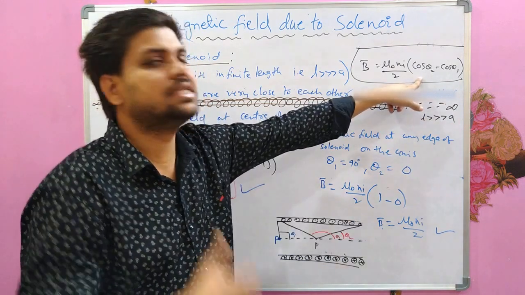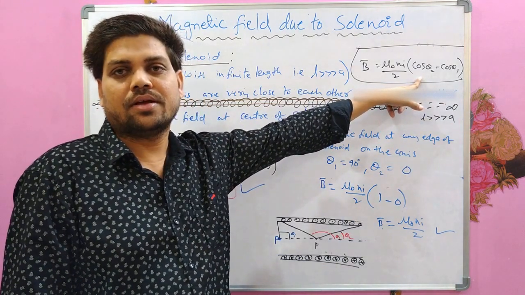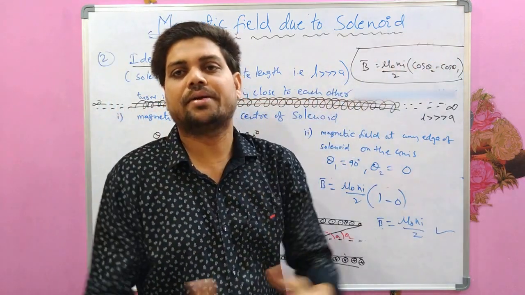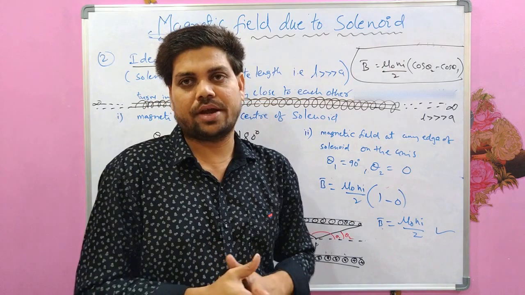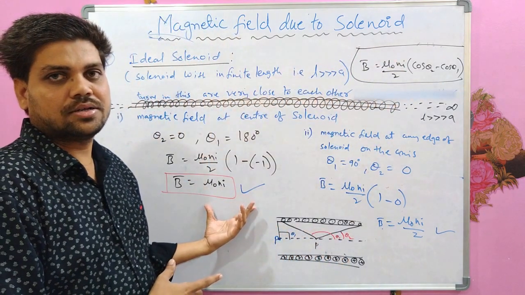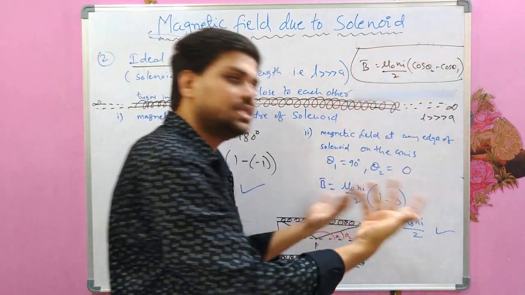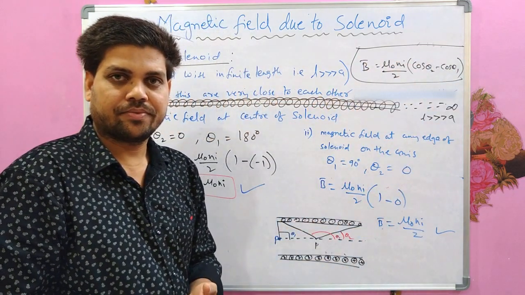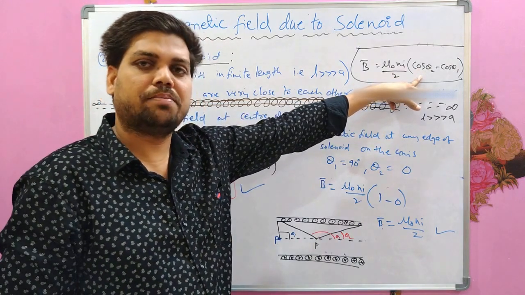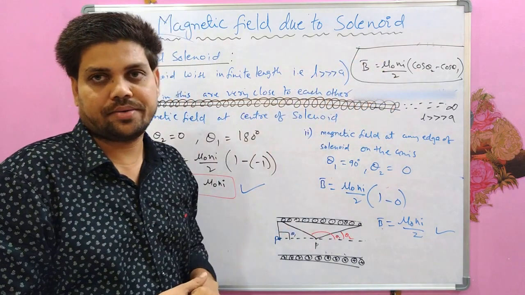Okay, and this is the general formula for if you consider the finite length solenoid, which is extended to an ideal solenoid, so that the limits theta 1 and theta 2 are changing accordingly. We have to remember this formula so that we can apply it to the infinite length solenoid.